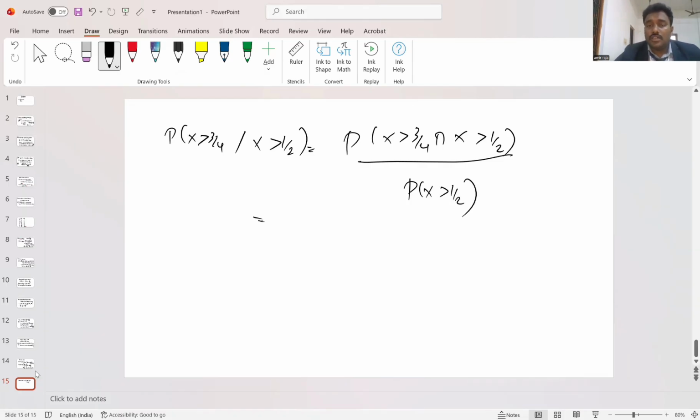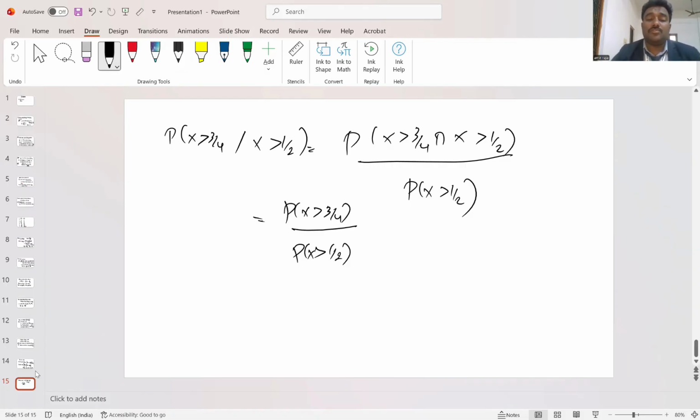So now, if x is greater than 3 by 4 and x is greater than 1 by 2, what is the value I have to take? If it is greater than, I have to go for the highest value. So the highest value is 3 by 4. So I have to take this x greater than 3 by 4 and x greater than 1 by 2.